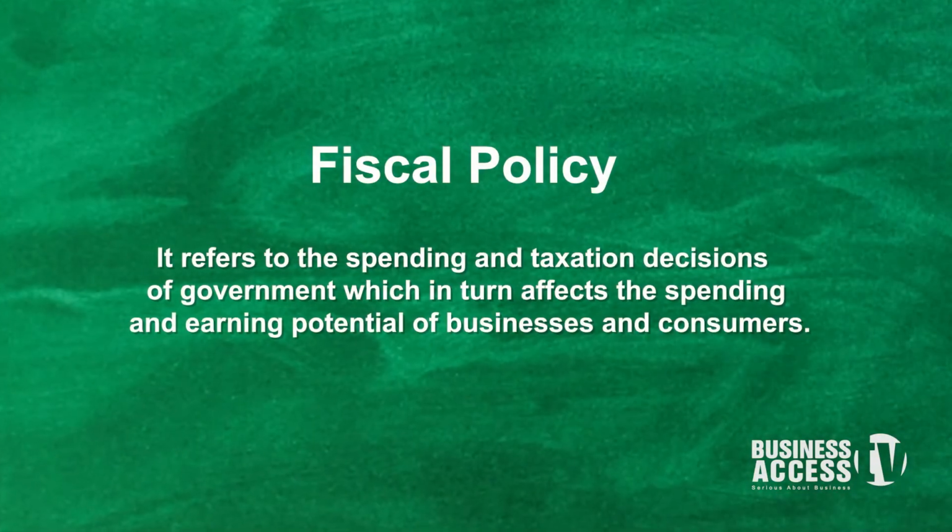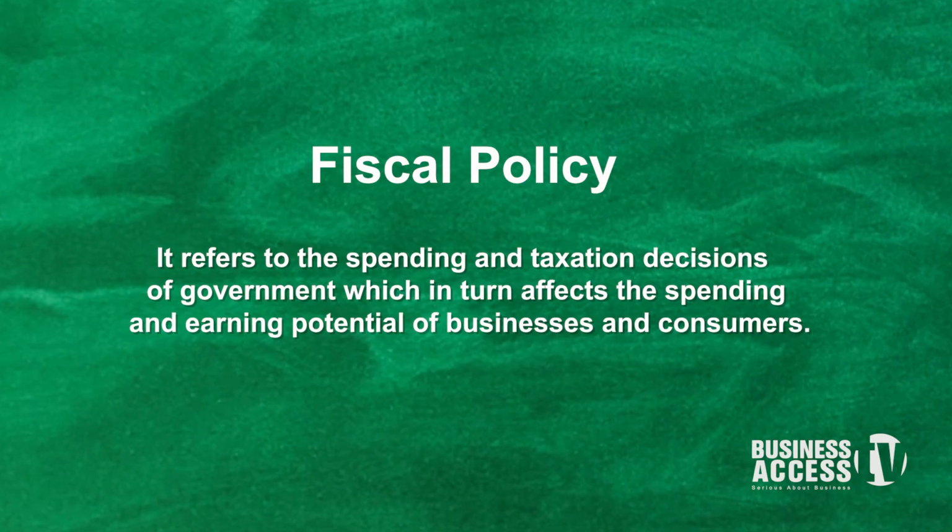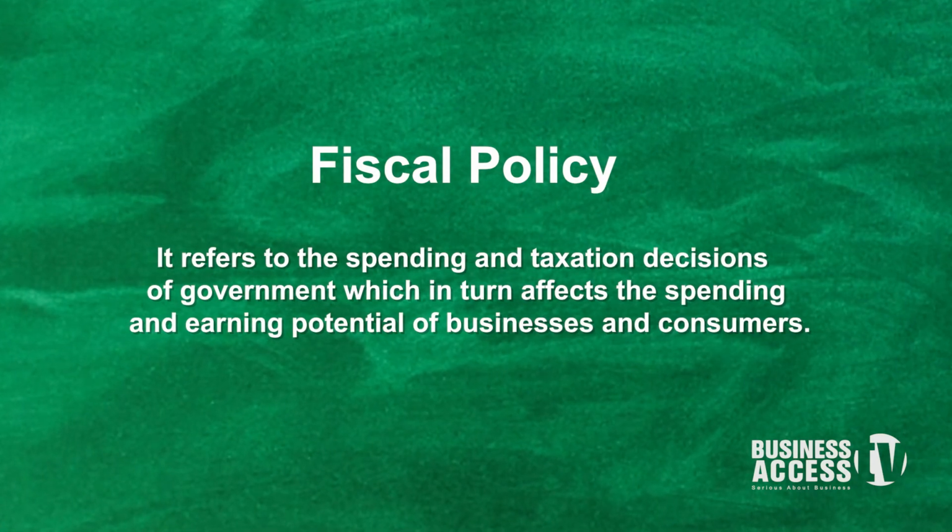Fiscal policy, of course, a prime definition is it refers to the spending and taxation decisions of government, which in turn affects the spending and income potential of firms and businesses. There are two types of fiscal policies: expansionary fiscal policy and contractionary fiscal policy.